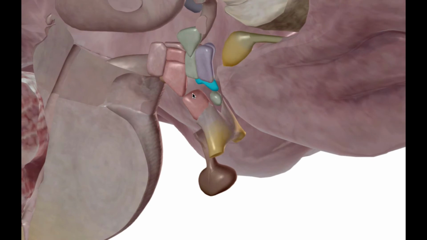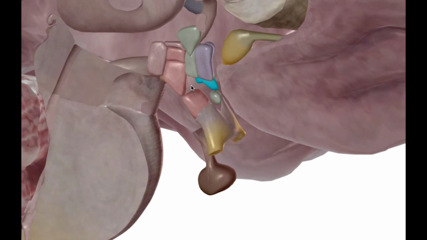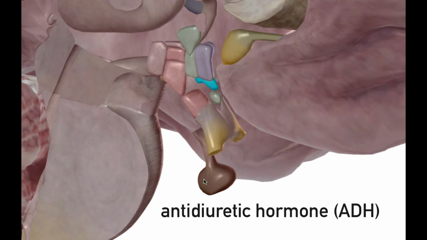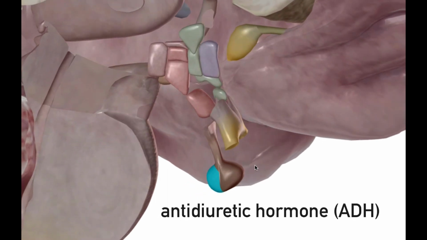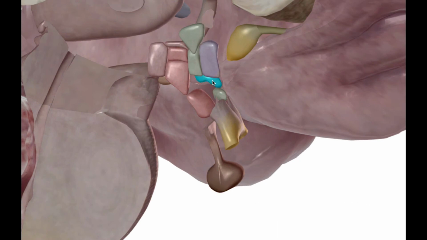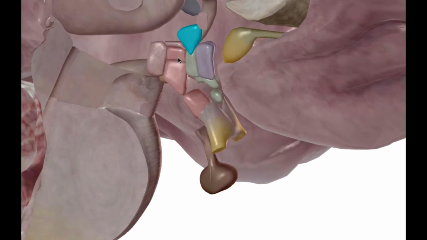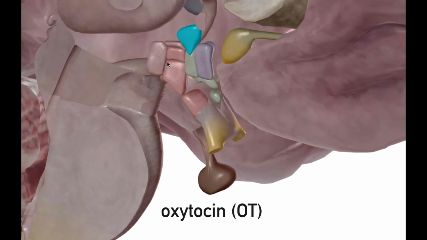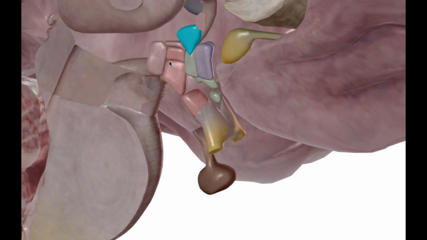For example, the supraoptic nuclei produces what's called antidiuretic hormone, and both of these are secreted by the posterior pituitary. So antidiuretic hormone, and then the paraventricular nuclei releases what's called oxytocin. All right, so let's dive into what these hormones actually do in the body.